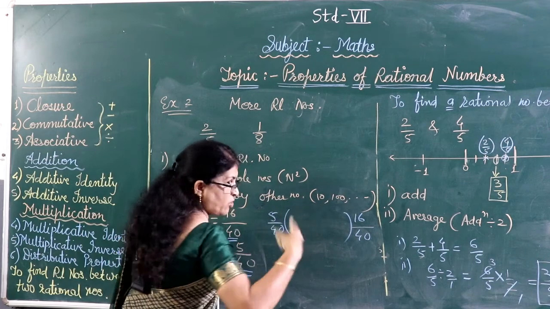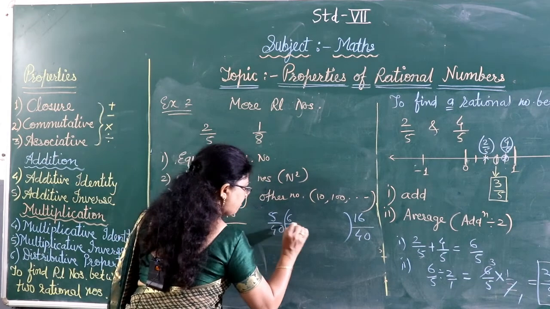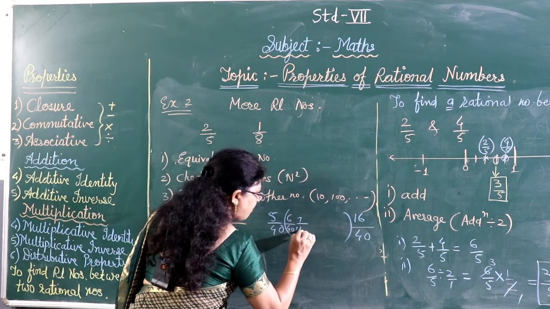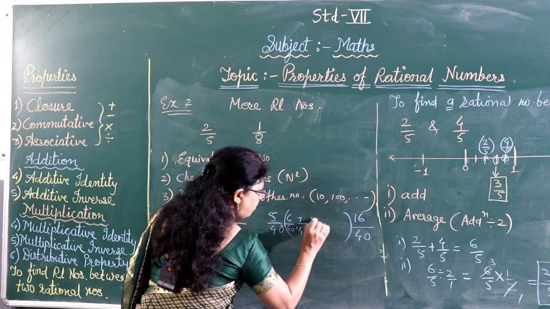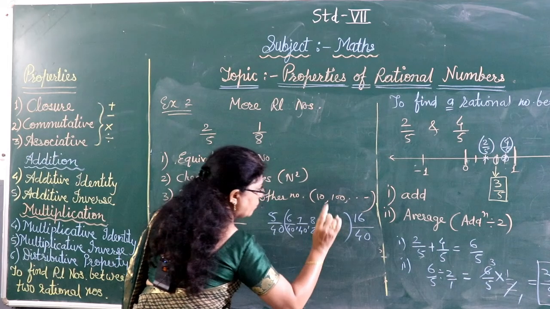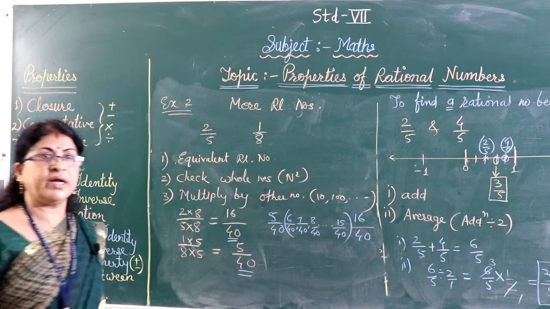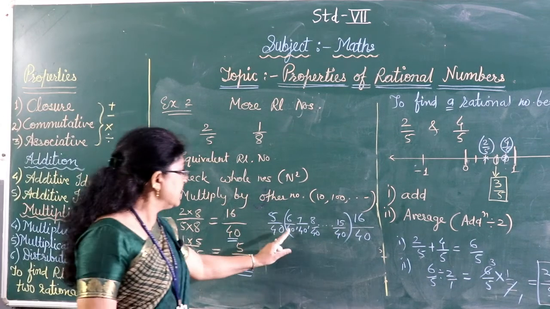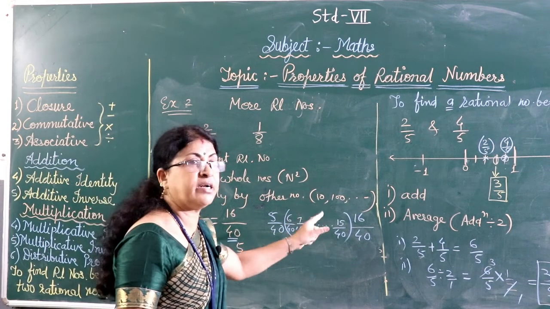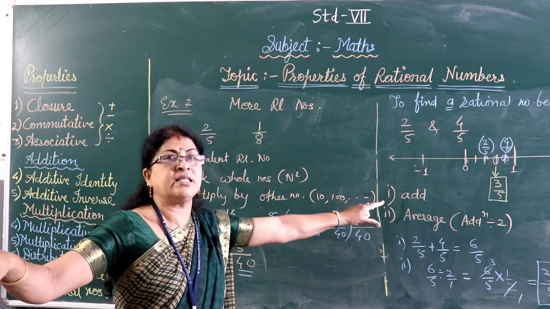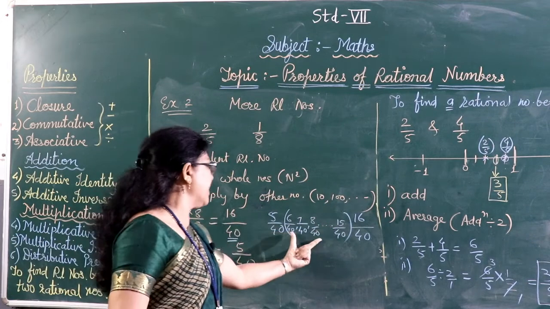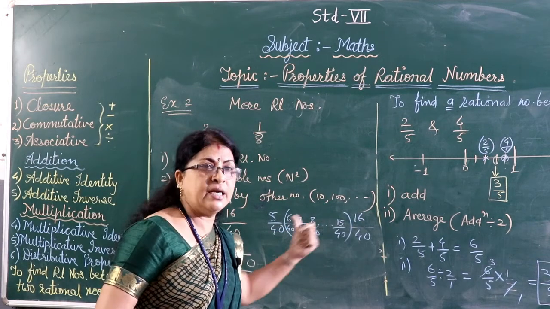After 5, what whole number comes? 6. So 6 upon 40, 7 upon 40, 8 upon 40, 9 upon 40, like this up to 15 upon 40. That means 6, 7, 8, 9, 10, 11, 12, 13, 14, 15. These many rational numbers we are getting between these two rational numbers.